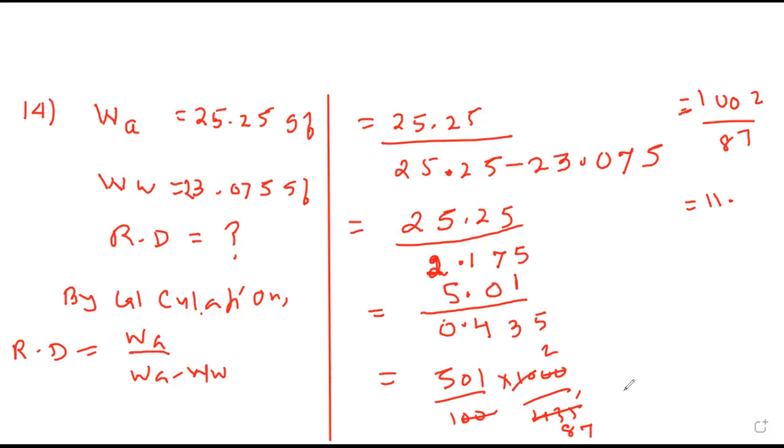So 11.51. Therefore, gold is not pure because he is telling 19.3, but after calculation it is coming 11.51.